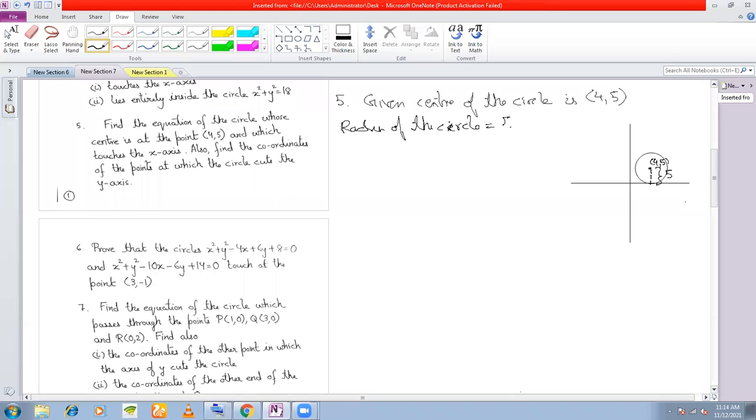So the radius of the circle is equal to the y coordinate of the center, which is 5 units. The reason is that the circle touches the x-axis.